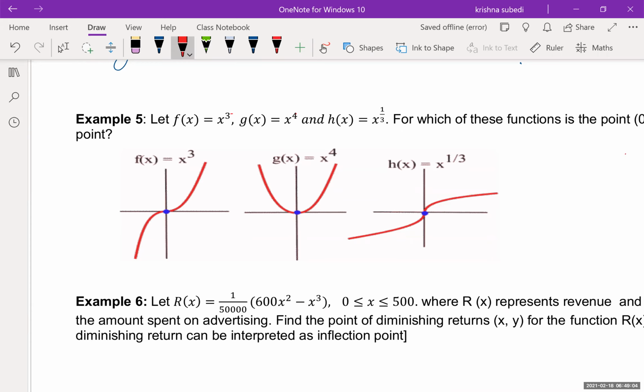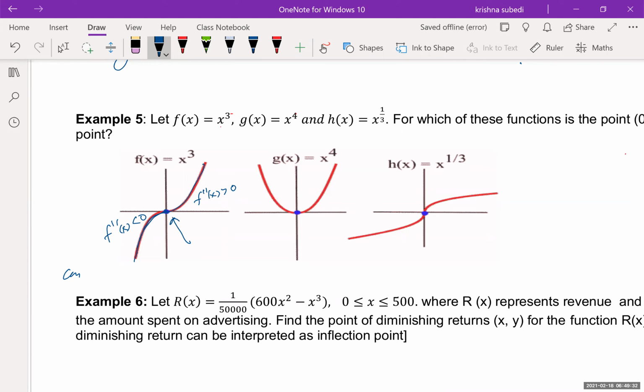If I draw the graph of f of x equals x cubed, then notice that this side is concave down all the way from here, which means the second derivative is negative. And this side is concave up from that point, so the second derivative is positive.